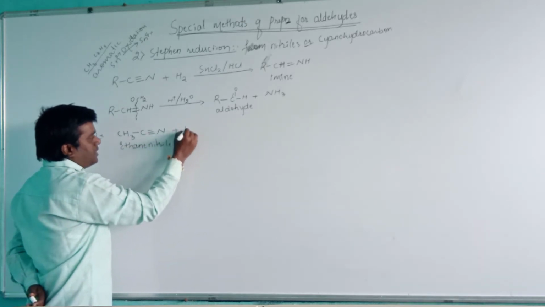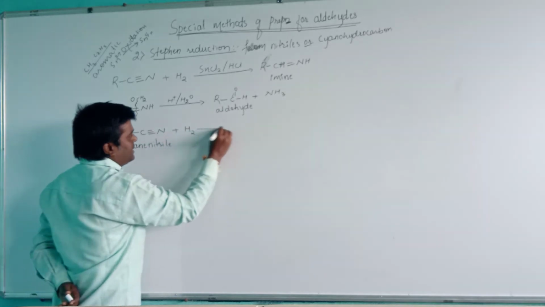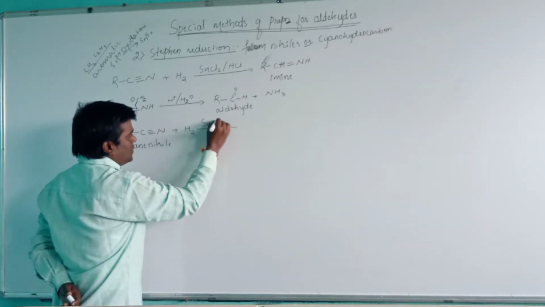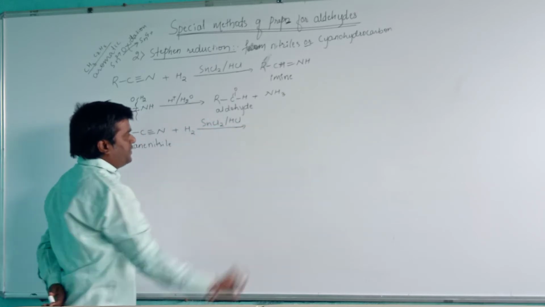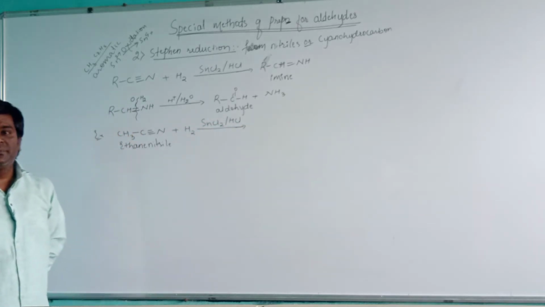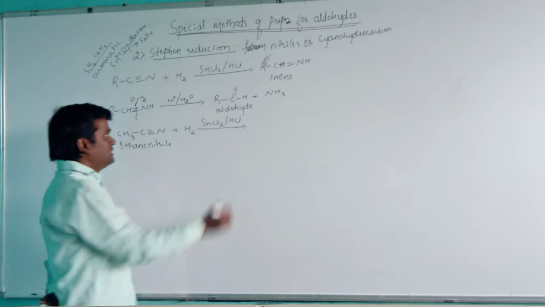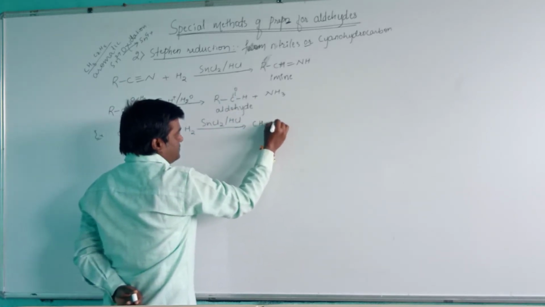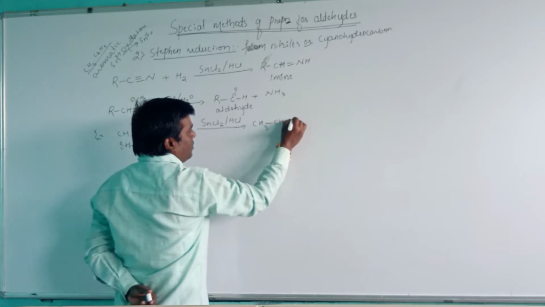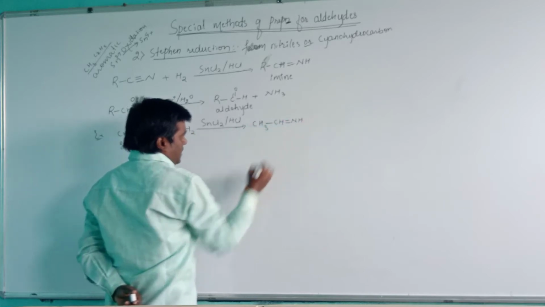Ethane nitrile undergoes reduction in the presence of stannous chloride in concentrated hydrochloric acid. Then it will give the addition product, that is known as an imine, CH3 CH double bond NH.